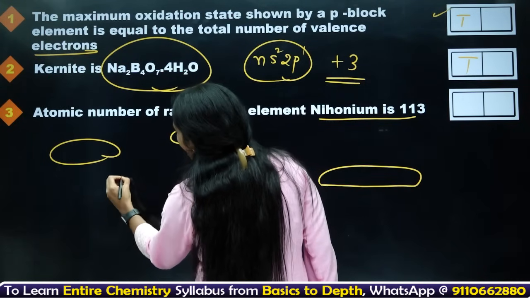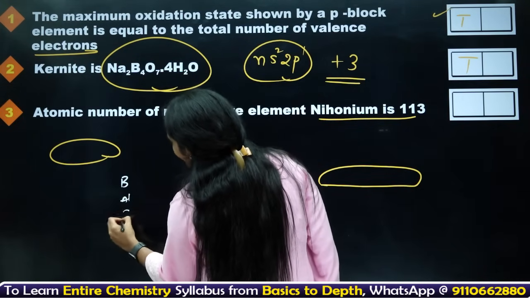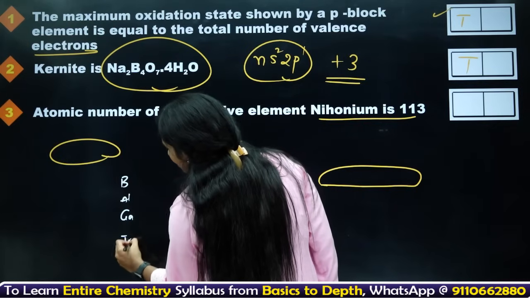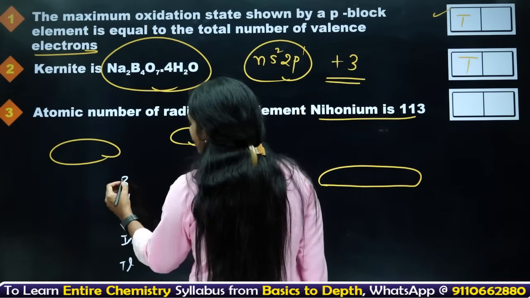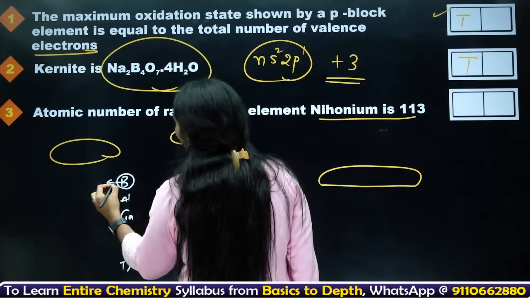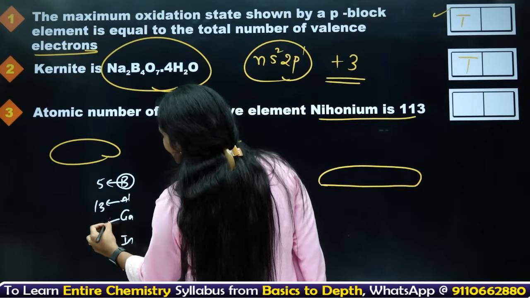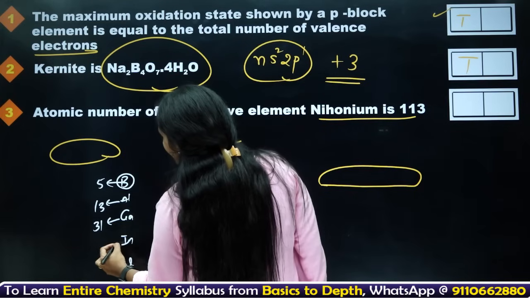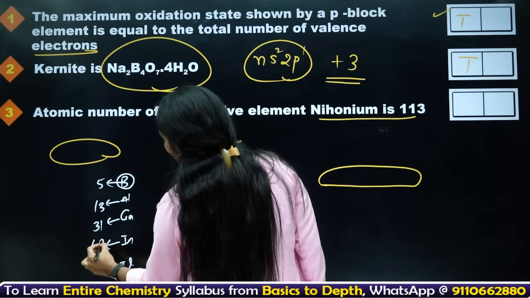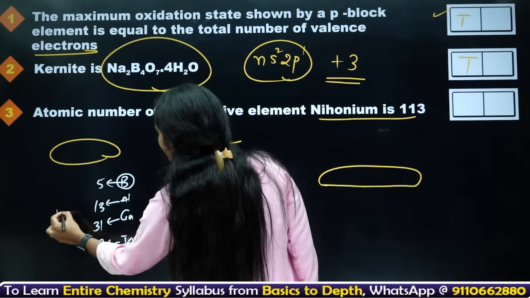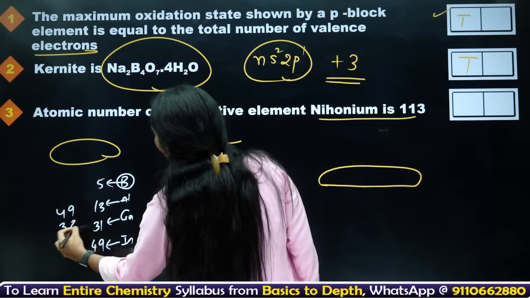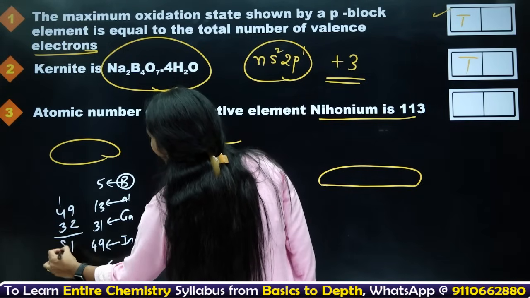Boron, aluminium, gallium, indium, thallium. So here, what is the atomic number of boron? 5. 5 plus 8, 13. 13 plus 18, 31. 31 plus 18, 49. 49 plus 32, how much? 81.